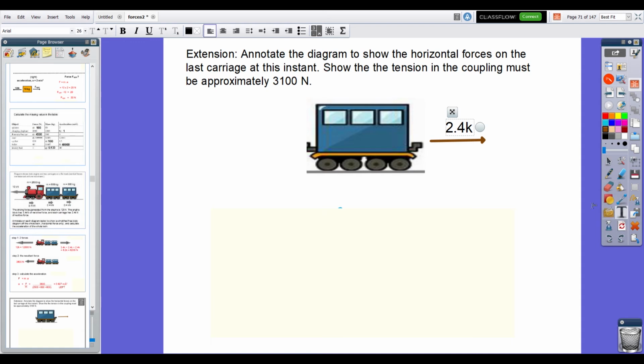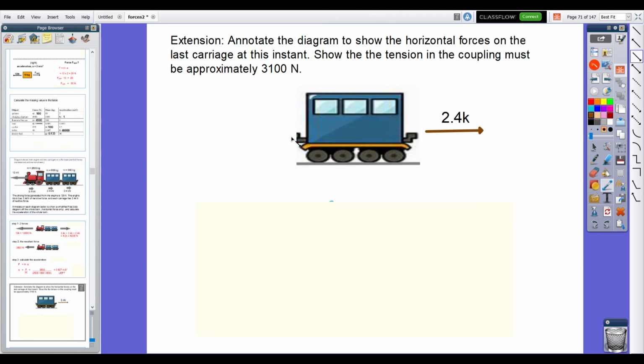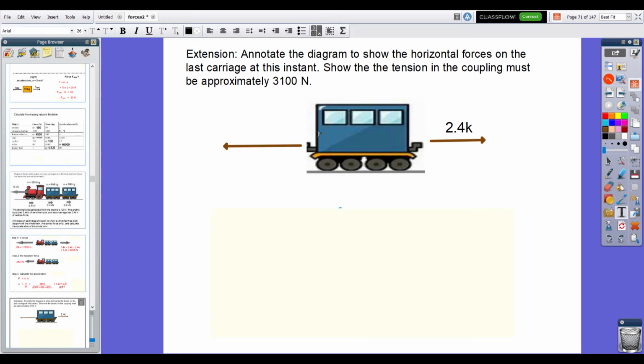But we also know that this is accelerating, don't we? We know this is accelerating at 0.927, because that's what we just calculated. It must be accelerating because there's a tension in this coupling here. I'm going to label it as T. This carriage is not being pulled forward by the engine directly.